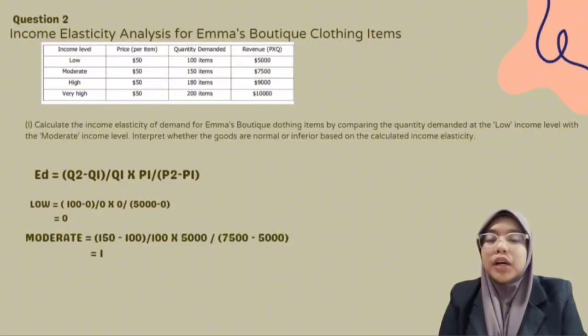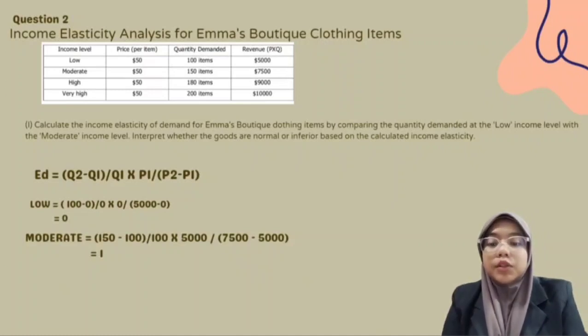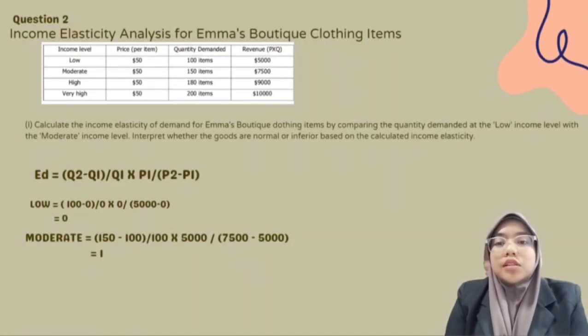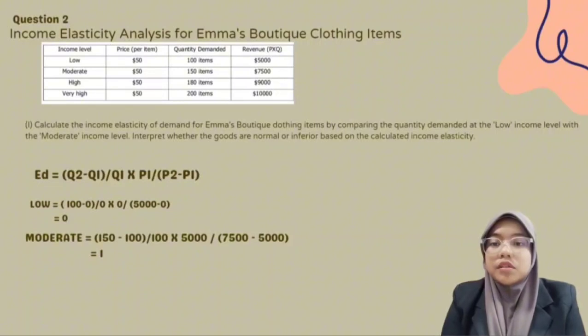So today, I would like to solve the elasticity question, question number 2. The formula of elasticity of demand is Q2 minus Q1 divided by Q1, times P1 divided by P2 minus P1. For low income, the answer is 100 minus 0 divided by 0, times 0 divided by 5000 minus 0.